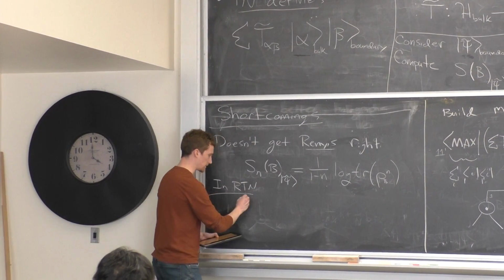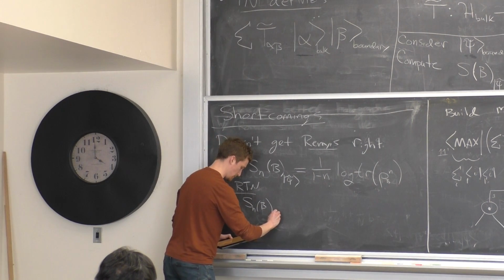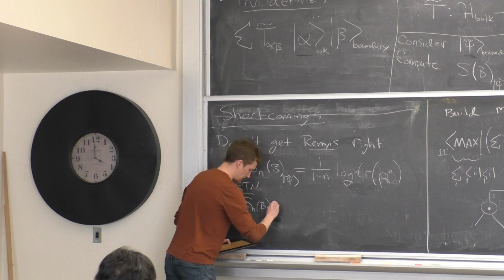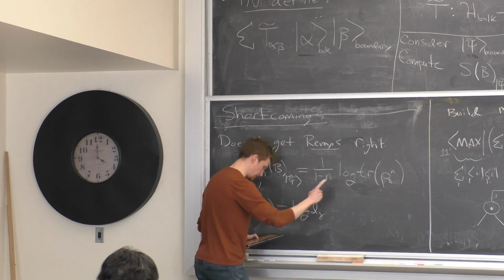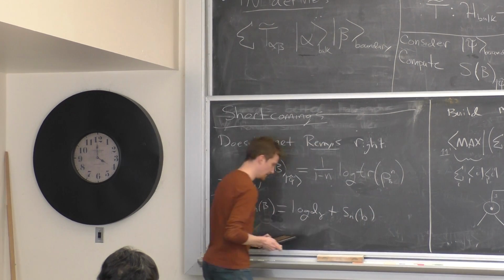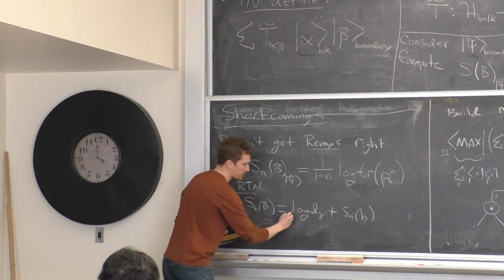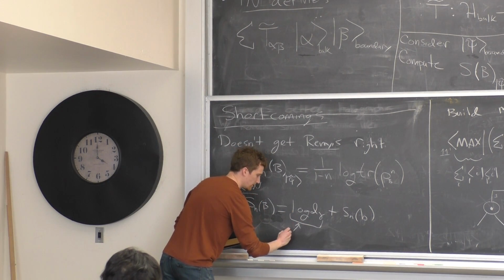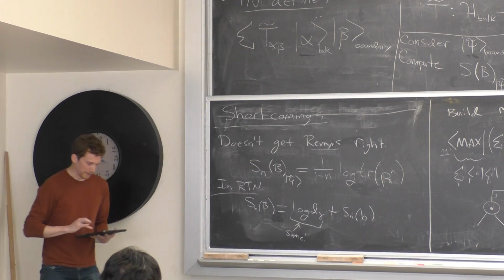And if you try and compute this quantity in random tensor networks, what you get is basically something that very much looks like the other formula we got. What's important is that this term is exactly the same; it didn't depend on n.